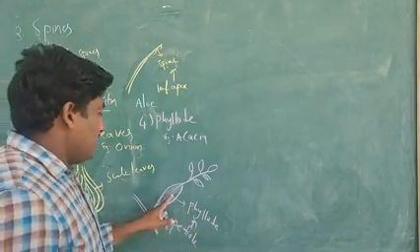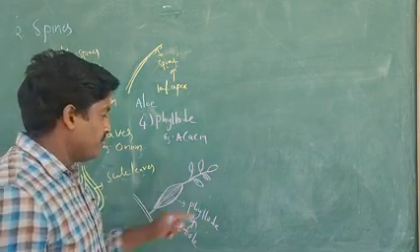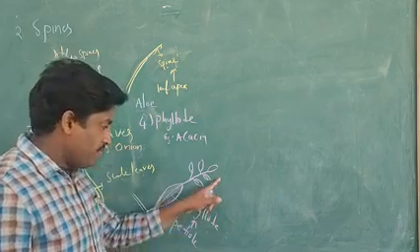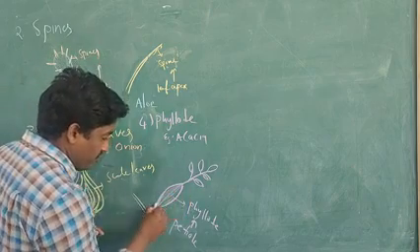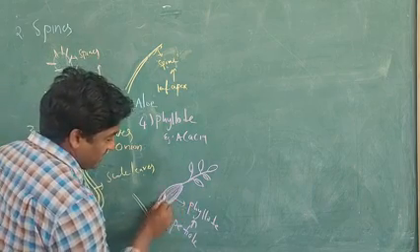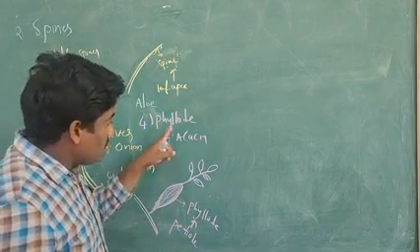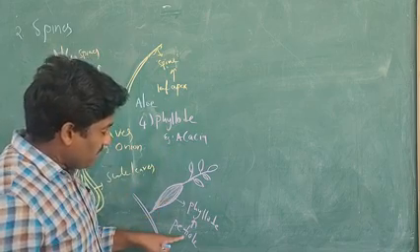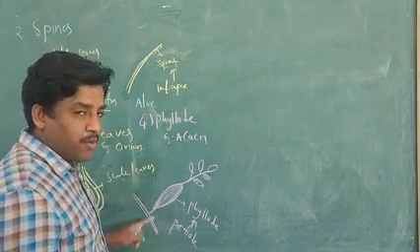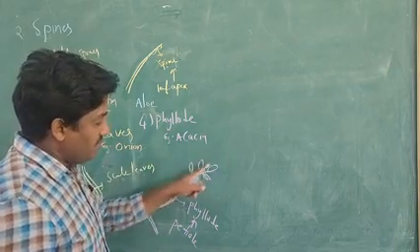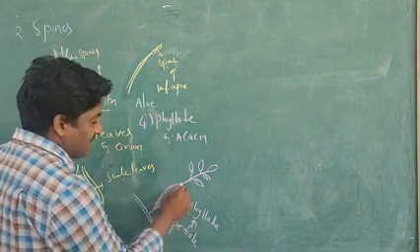Phylloid. Here in the compound leaf, the petiole is modified to form a flattened leaf-like structure. See how it is, the flattened leaf-like structure. So phylloid means the petiole in the compound leaf is modified to form a flattened leaf-like structure.